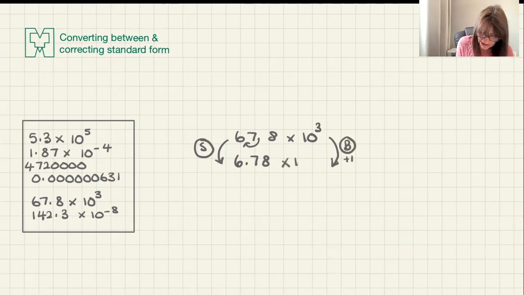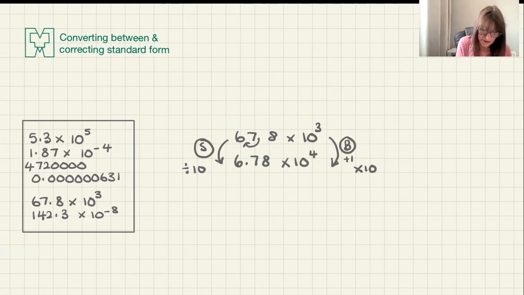So times 10 to the 4. Technically, what's happened is I have divided this side by 10. So I'm going to times this side by 10. So you have to do whatever feels right for you. Think of it as dividing in multiples of 10 and then timesing multiples of 10, or just this side got smaller, so this side's going to get bigger.